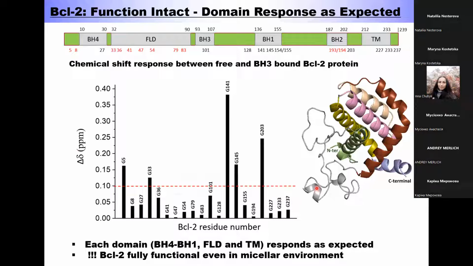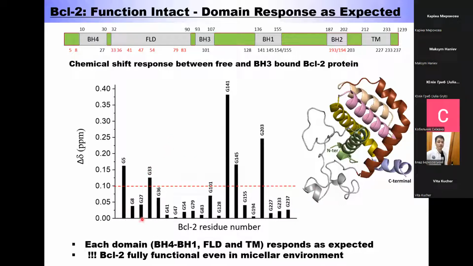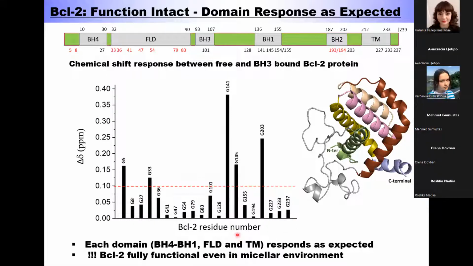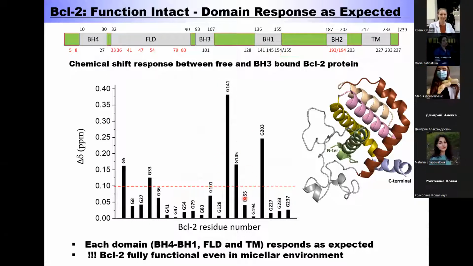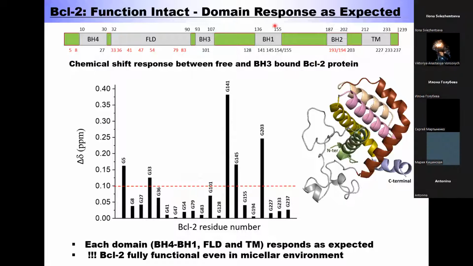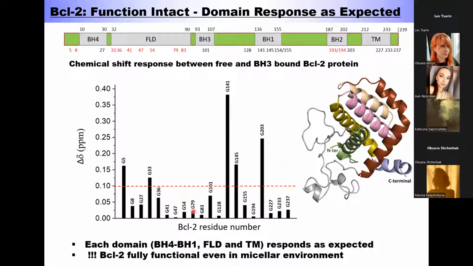Okay, then we look at another NMR part. We look now also at the chemical shifts when you plot them for your different fingers, just like your finger glycine 5 to 237. And you see already the biggest changes. You have 141 and so on in the area where you have the binding pocket. This happens most in the flexible loop region.